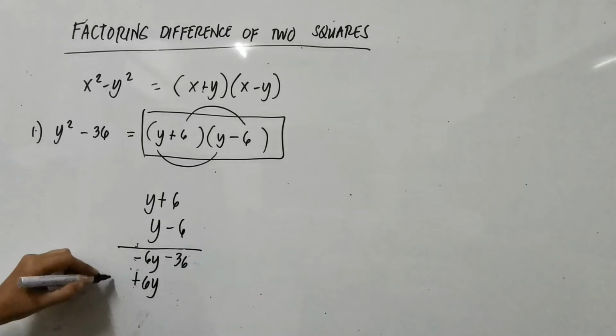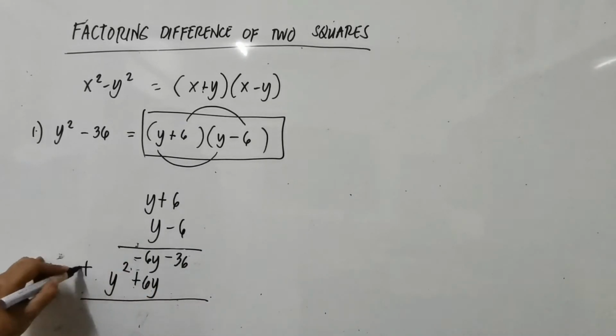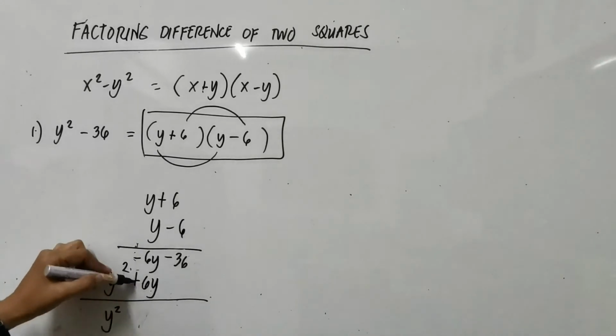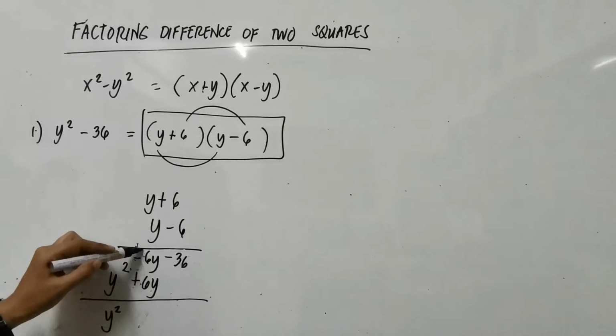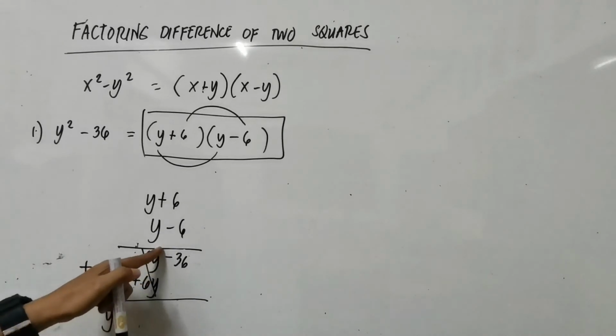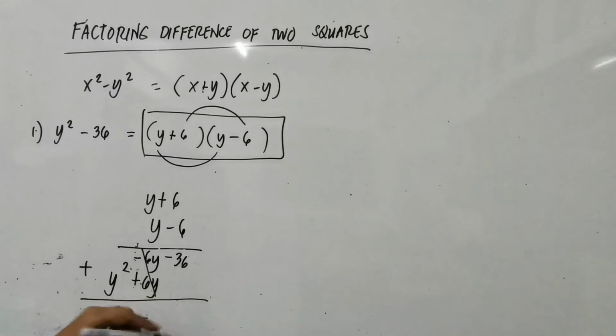Then y times y, we have y squared. We're going to add, bring down y squared. Negative and positive 6y, ibig sabihin, cancelled na siya. Kasi 6 minus 6 is 0. Then y raised to 1, y raised to 1, 0 din. So, ang matitira na lang ay y squared minus 36.